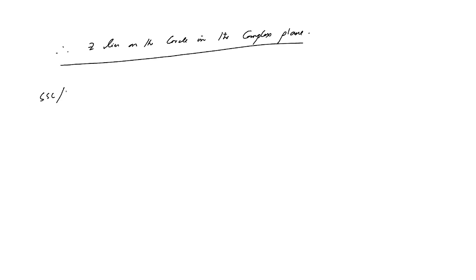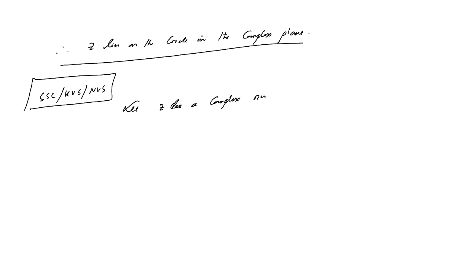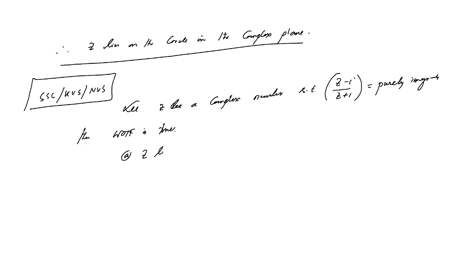Generally in SSC or KVS and NVS, that kind of question has been asked. Let Z be a complex number such that the ratio (Z minus i) by (Z plus 1) is purely imaginary. Then which of the following is true? Option A, Z lies on a circle in the complex plane.